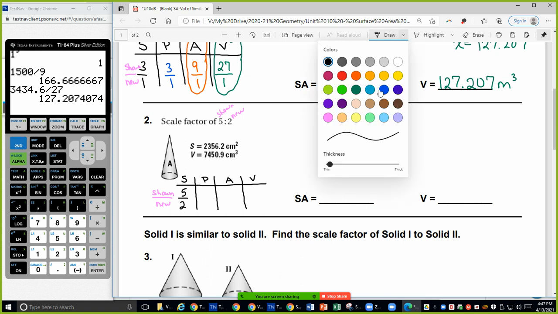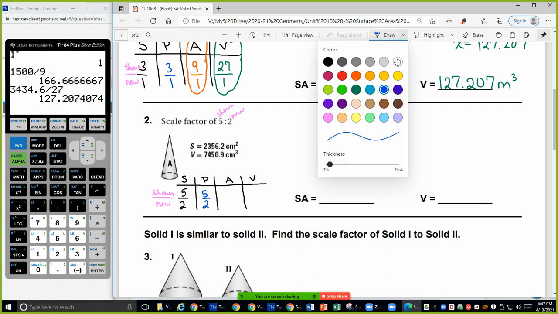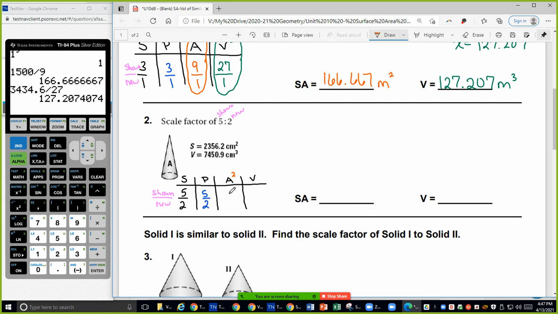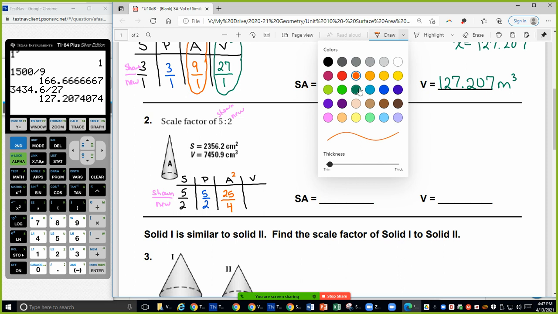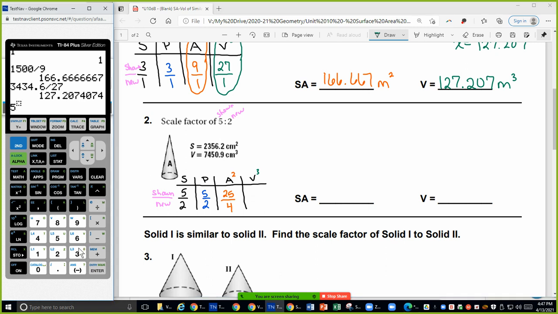The ratio of my parts or my perimeters is the same. The ratio of my areas is going to be squared, so 5 times 5, and 2 times 2. And the ratio of my volumes is going to be cubed. So 5 to the third power is 125.